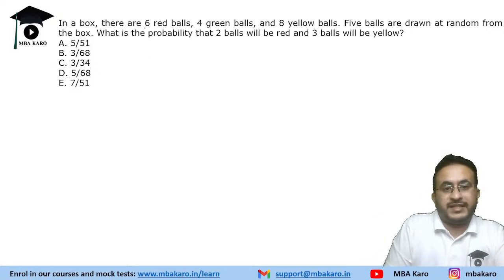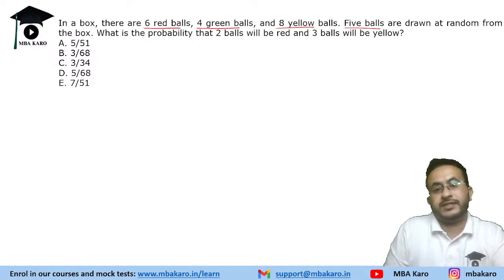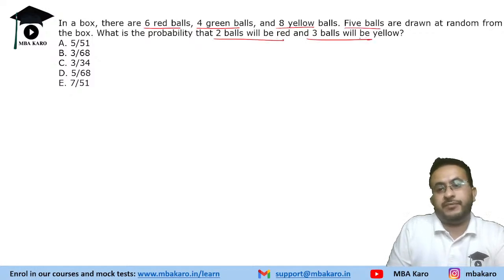So there are 6 red, 4 green, and 8 yellows. So we need to draw 5 balls, 2 balls red, 3 balls yellow.